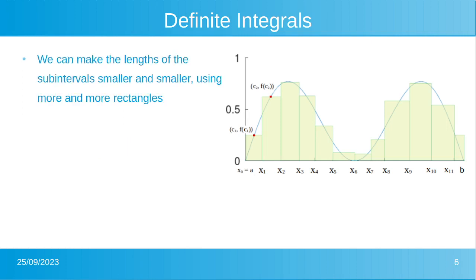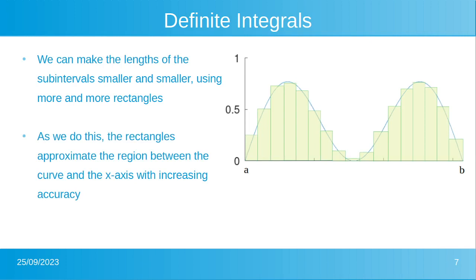So we can make the lengths of the subintervals smaller and smaller using more and more rectangles. And we're going to do this now. If we have a look at the plot on the right hand side of the screen here, watch how the rectangles approximate the region between the function curve and the x-axis.